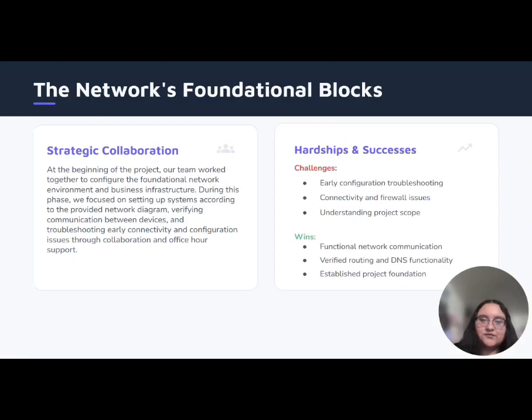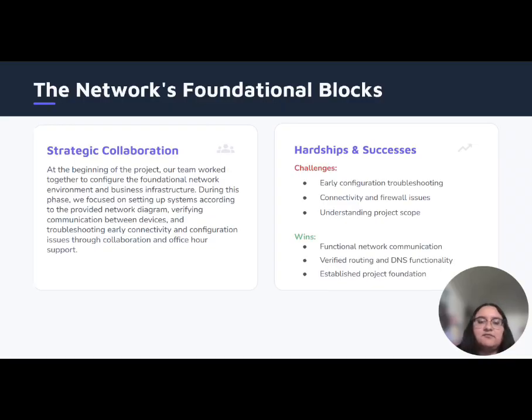Hello, my name is Priscila Cruz Garcia from DogPark Team 3. At the beginning of the project, our team focused on building the foundational network environment based on the provided network diagram. During this phase, we configured systems, verified communication between devices, and worked through several early connectivity and configuration issues. For my portion specifically, I worked on adding the WAN return routes and testing connectivity, and confirming the forward and reverse DNS zones were functioning correctly.